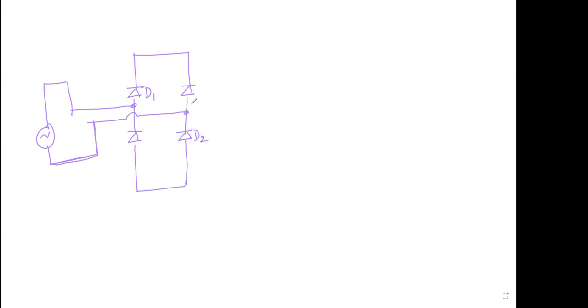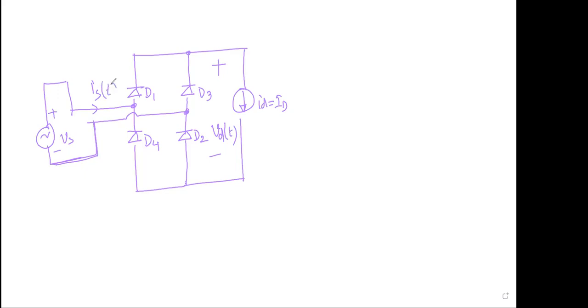Sometimes you cannot even draw a rectifier circuit. So this is your VS and this is your IS, and this is the load side, and this is your ID equal to capital ID, and the output voltage will be here VD.